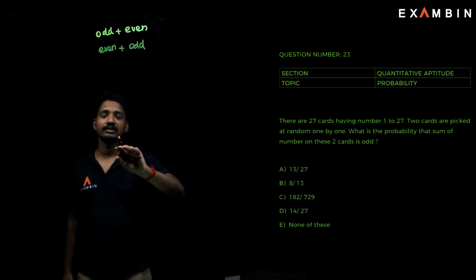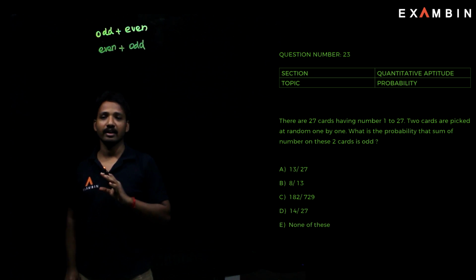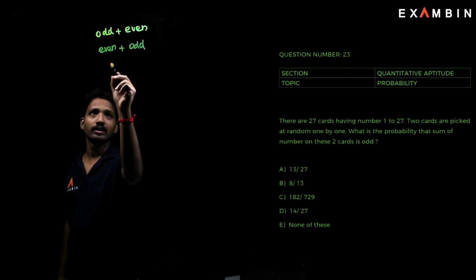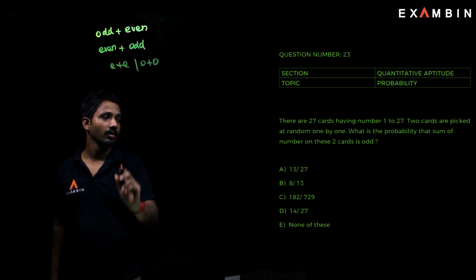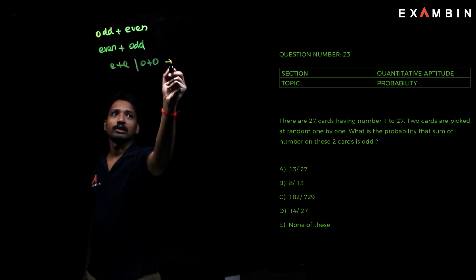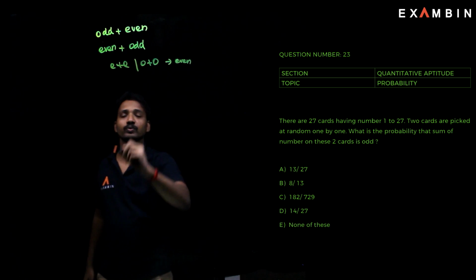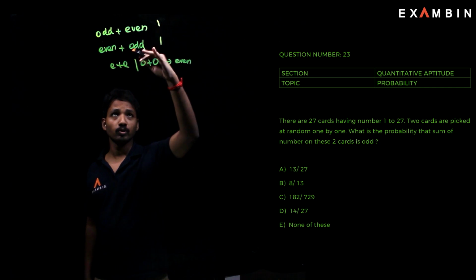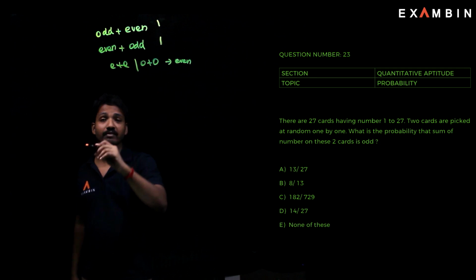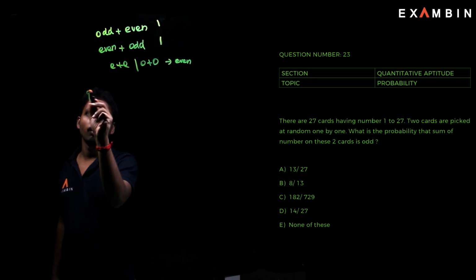These are the only 2 instances where an odd sum is possible. When you add even plus even, or odd plus odd, the result would be even only. So we are going to find these 2 probabilities and add them to arrive at the final probability.